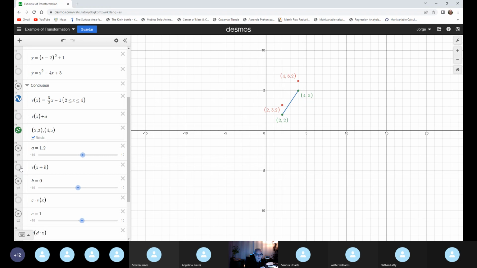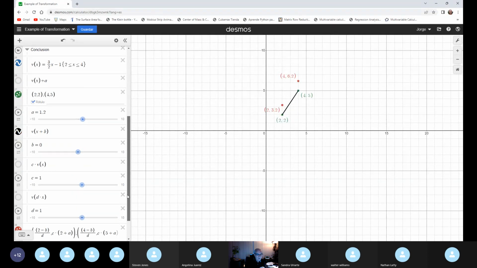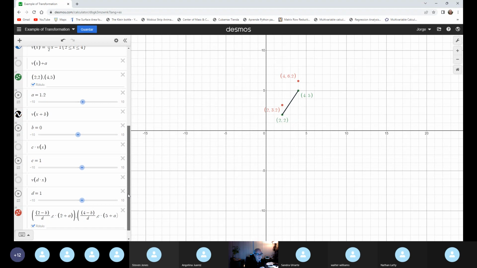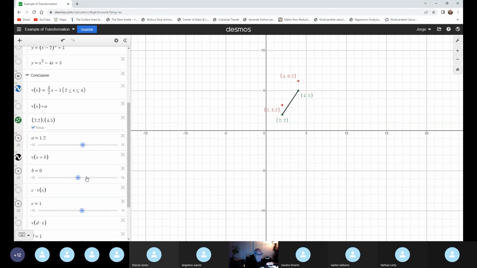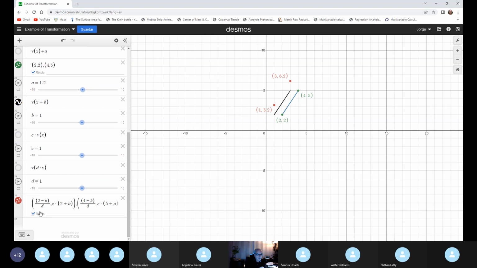Okay, cool. Now, let me try to do a horizontal shift. Sorry, get the second transformation. Horizontal shift. What's going on? Okay, now B. B is 0. The points are not good, I don't know why.